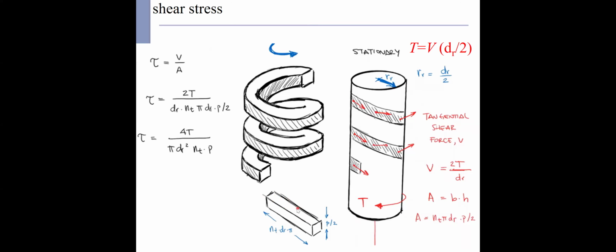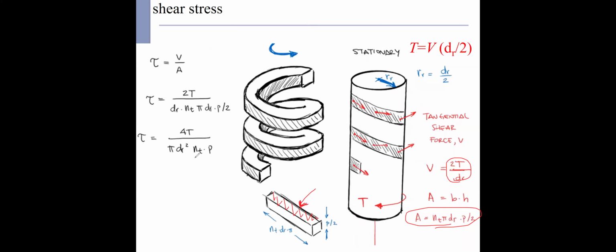Okay, and from the definition, shear stress equals force divided by area, right? The shear force divided by the area. The area should be located in the side view.